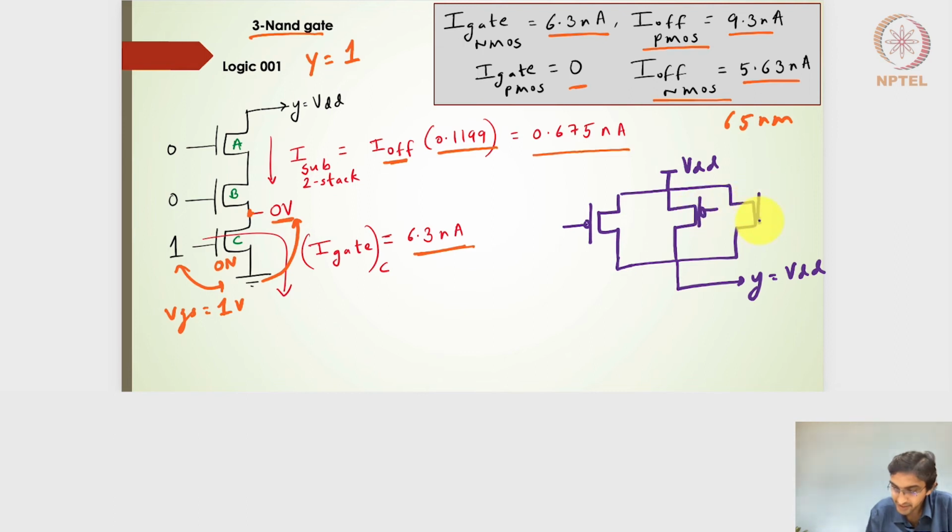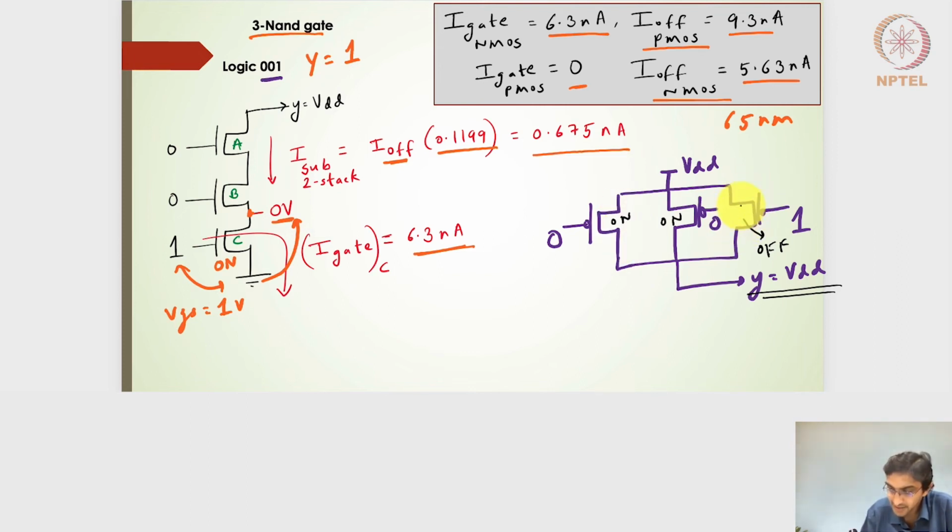The logic given to the transistors is 001. So this particular transistor is off on the PMOS side, whereas these two transistors are on, and it ensures that the output is charged to VDD. So there won't be any leakage currents here, because this is an on transistor.